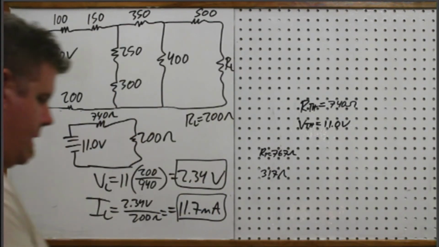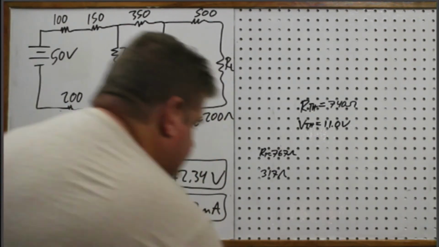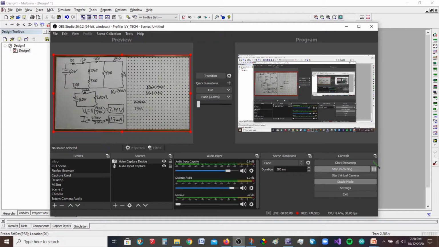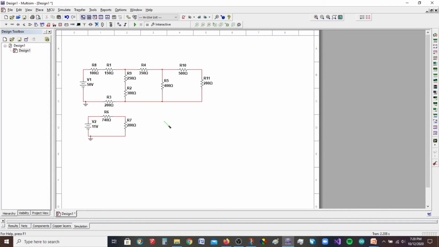Okay, well, let's consult Multisim and see how we did. And so again, if I've got this correct, then Multisim will tell me I've got the exact same result. I've got the original schematic here, and then I have our Thevenin equivalent here. So I'm going to go ahead and put a voltmeter around our load resistor and see if we get the same voltage in both cases.